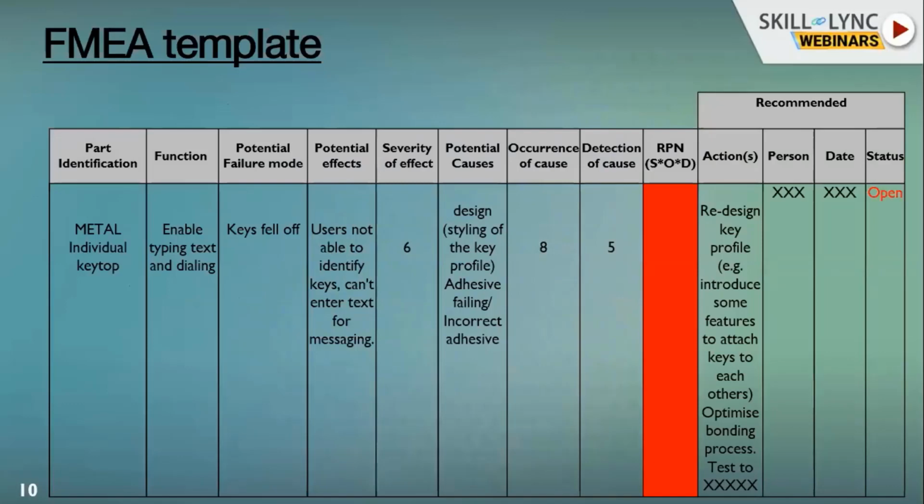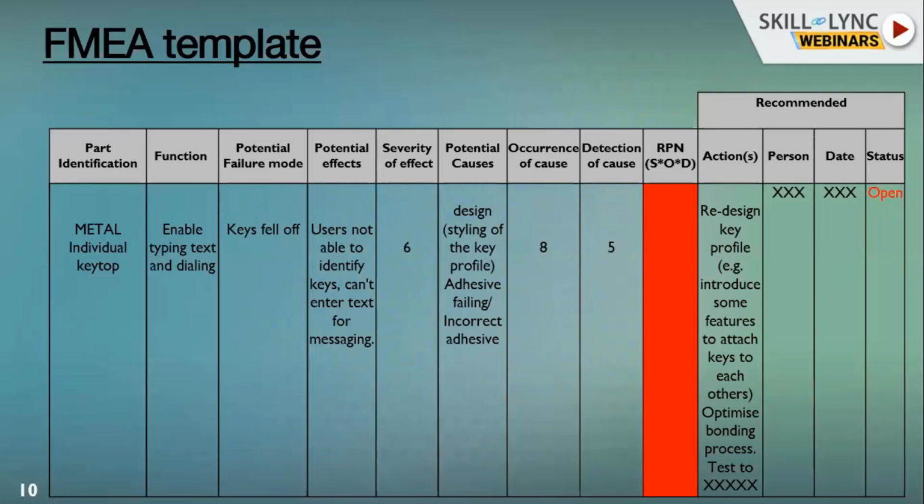So you have in the first column the part identification, or you can say a functional block name. This is done for one handset, or old-time mobile when you didn't have the touch screen. But recently it was done for the ATM also, where you take out the money, with metal individual key tops that you need to press to enter your pin.